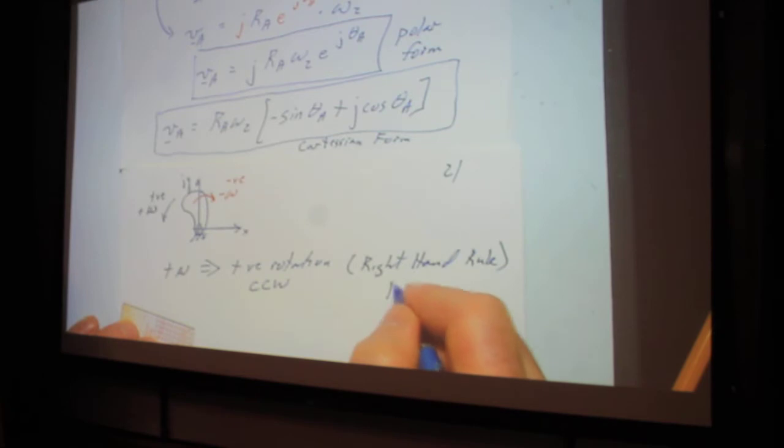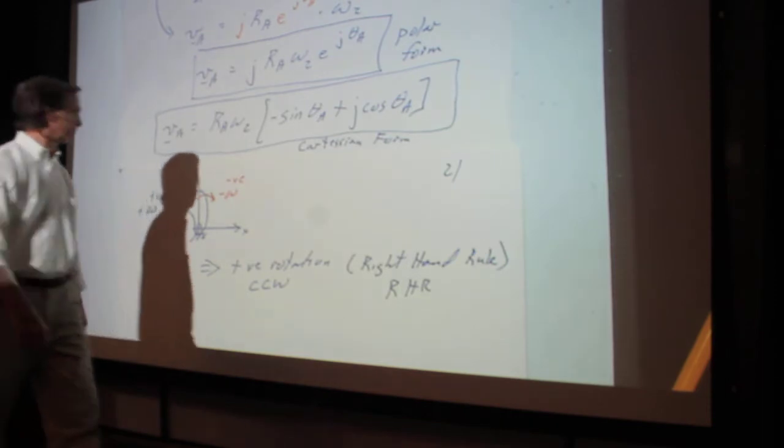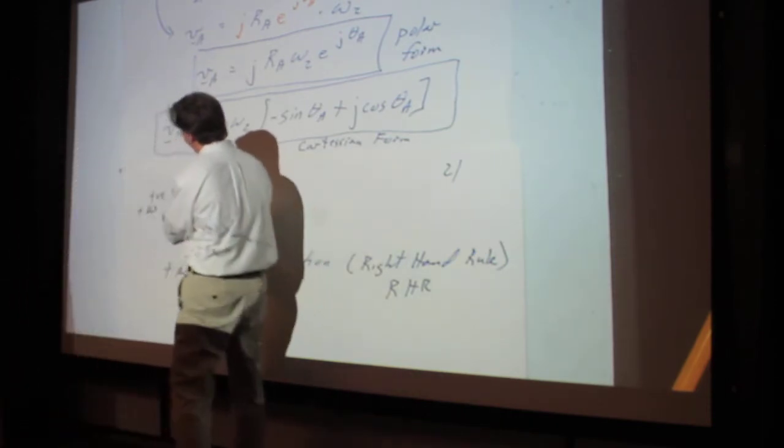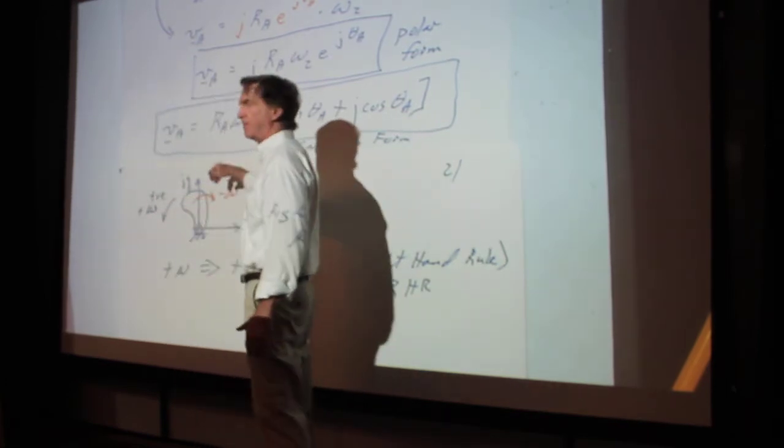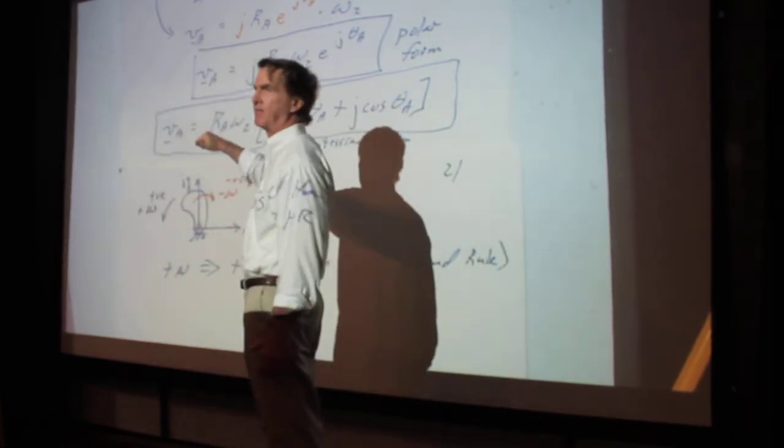I'll abbreviate this RHR. What I mean by that is you take your right hand and you curl your fingers in the direction of your omega, and if your thumb is sticking out of the plane, that is positive.